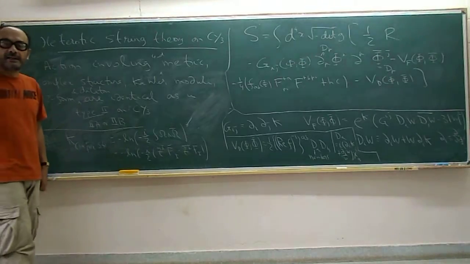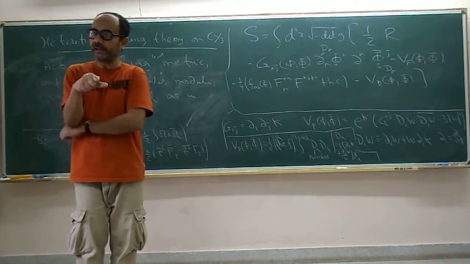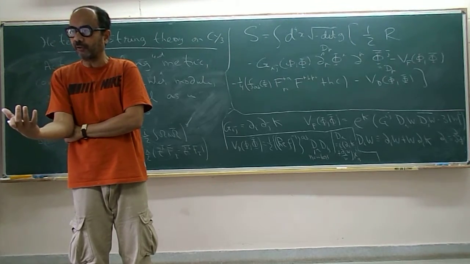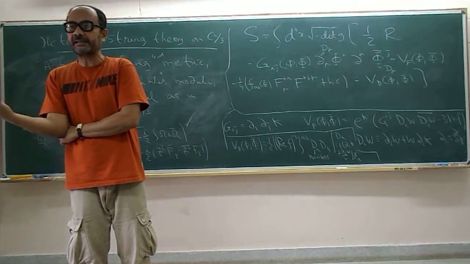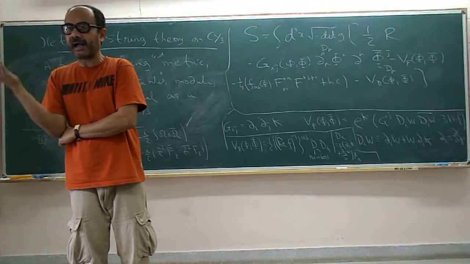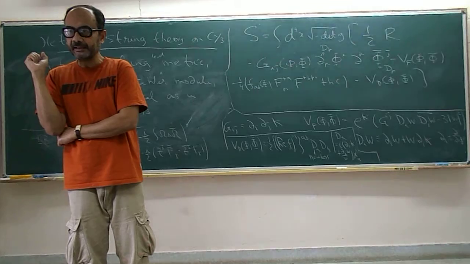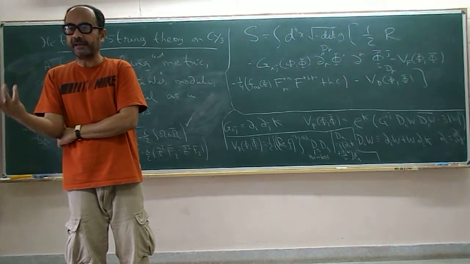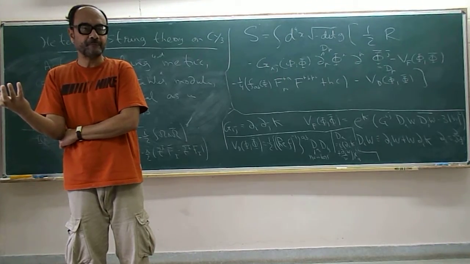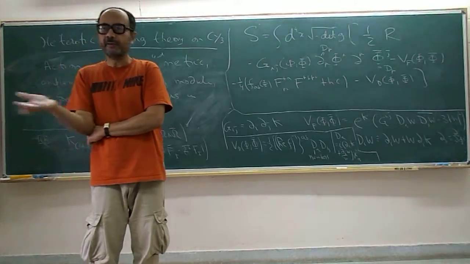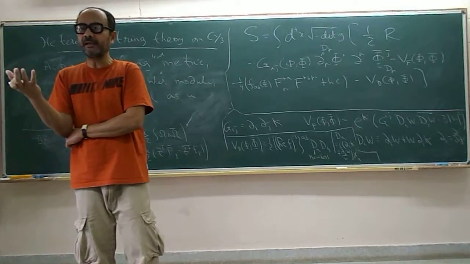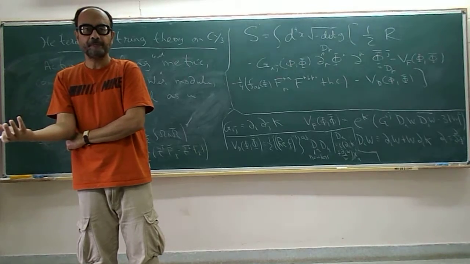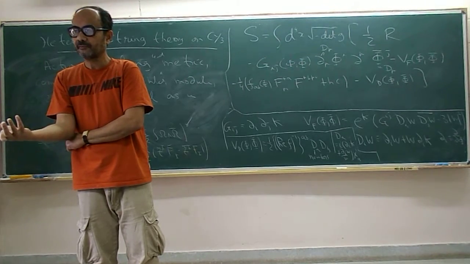So what we can do is go back to the type 2A theory. In type 2A, when we reduce on a Calabi-Yau threefold, the complex structure moduli become part of the hypermultiplet. Their action is complicated, we don't know it directly, but the Kähler moduli are part of the vector multiplets, and the vector multiplet scalars come fully from the Kähler moduli. So the action involving the Kähler moduli can be easily figured out by knowing the action in type 2A supergravity on a Calabi-Yau threefold. Is this point clear?